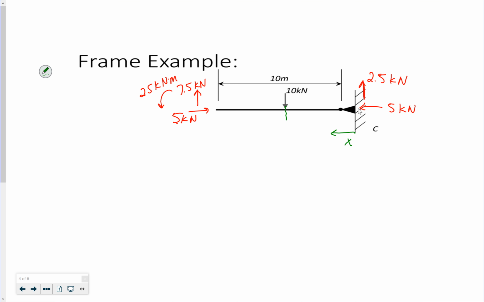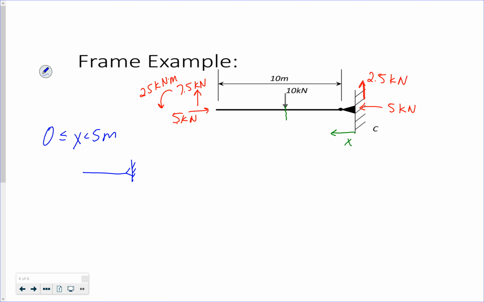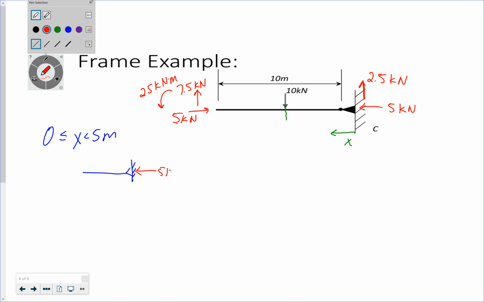So looking at from 0 to 5 meters, I've got my 5 kilonewton horizontal reaction and my 2.5 kilonewton vertical reaction.